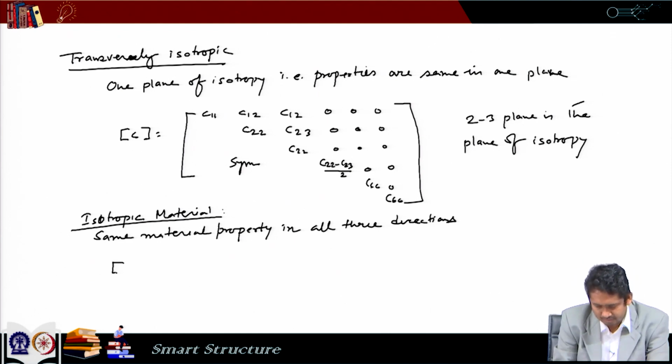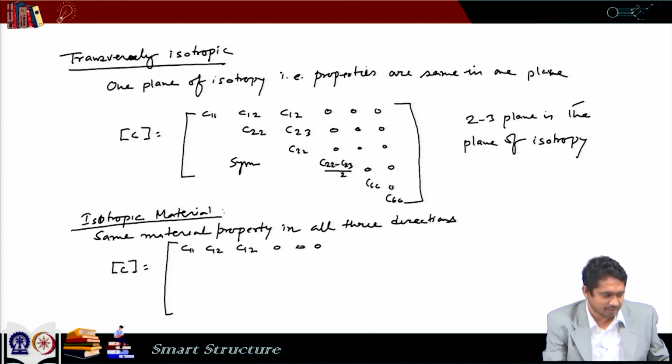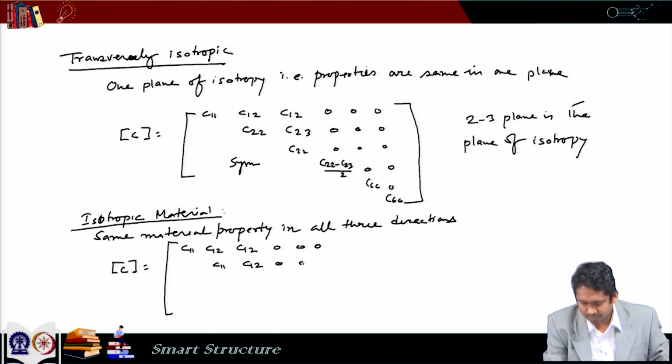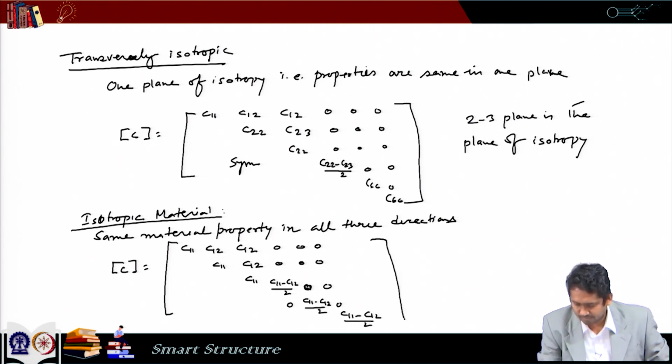In this case, the C matrix turns out to be C11, C12, C12, 0, 0, 0, and then we have C11, C12, 0, 0, 0, C11, 0, 0, here we have 0, C11 minus C12 by 2, and where we have C11 minus C12 by 2.